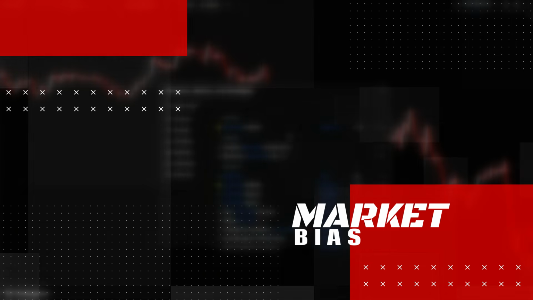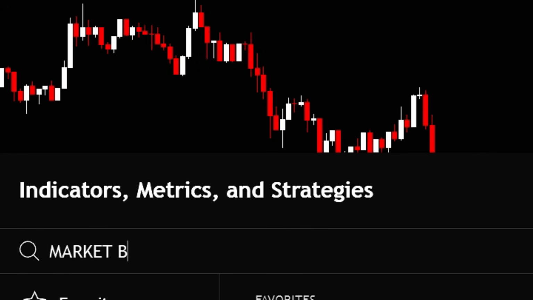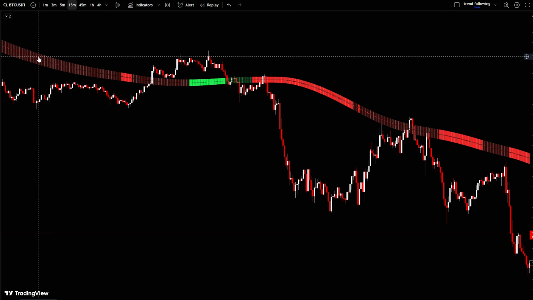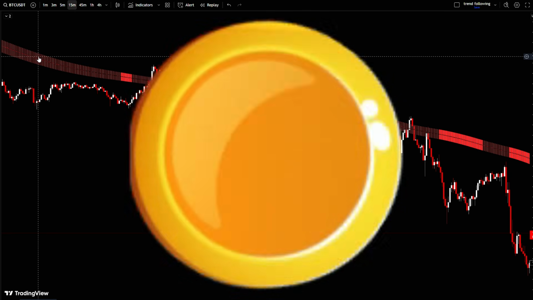Alright, the filter we're adding is a trend identifier called Market Bias. Here's how you set it up. Open TradingView, head to indicators, type Market Bias and add it to your chart. Once it's loaded, you'll see this colored ribbon stretch across the candles. By default, it's set to 100 period. I prefer a bigger picture.